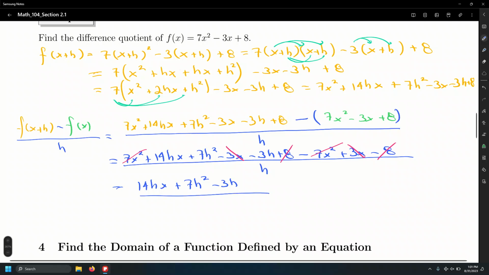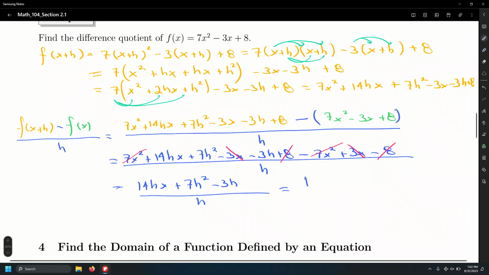And are we left with anything else? No, I think that's about it. Divided by h. So we will further simplify this expression, because notice how the numerator has a greatest common factor of h.